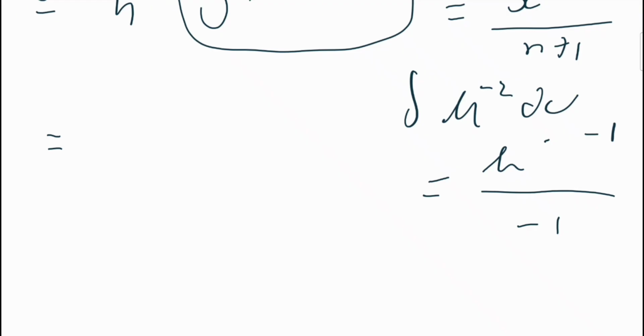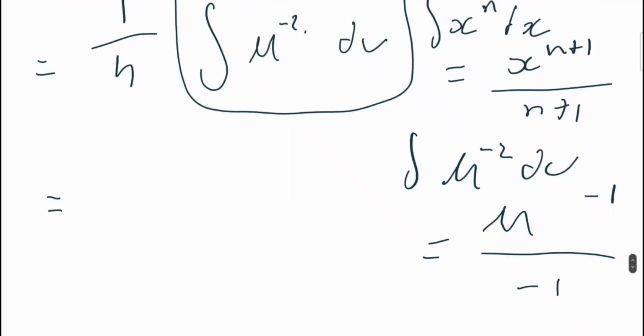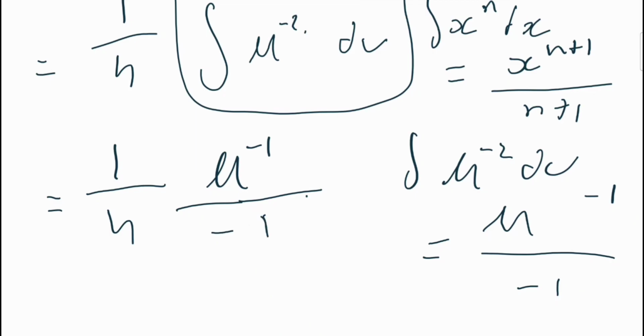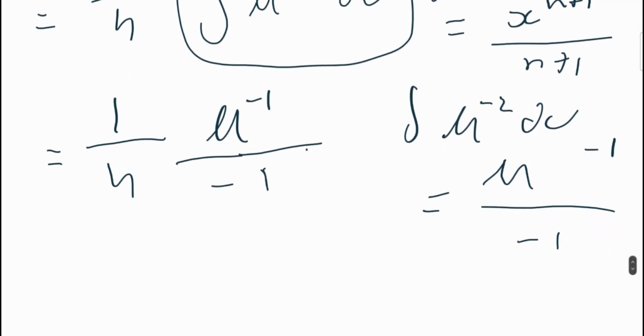So that is a really bad drawing of a u, I'm sorry. u to the negative 1. Great, so we'll put that in here: 1 over 4, u to the negative 1 over negative 1. Great.